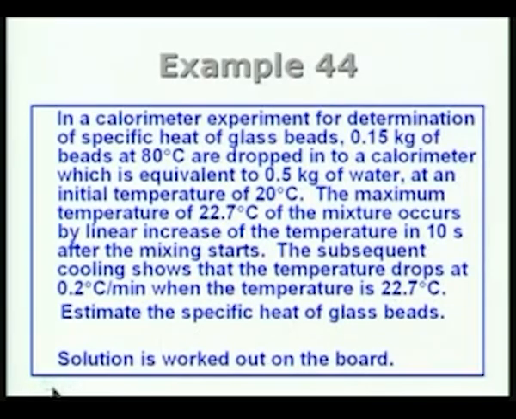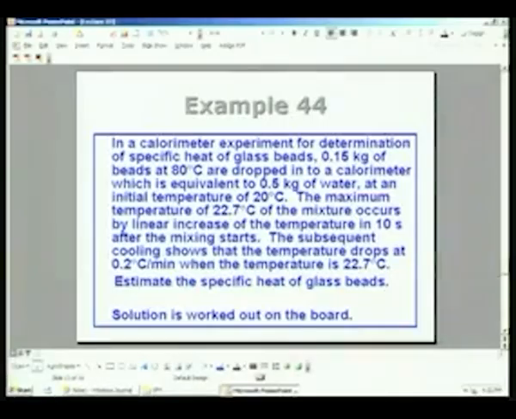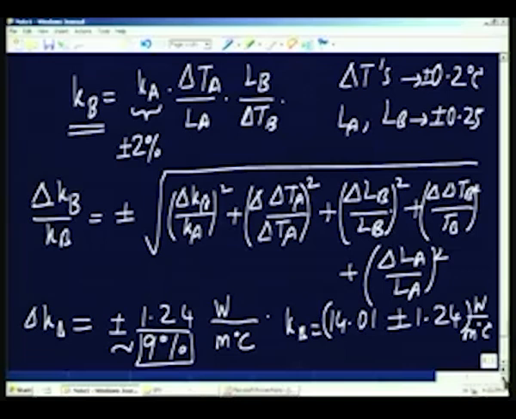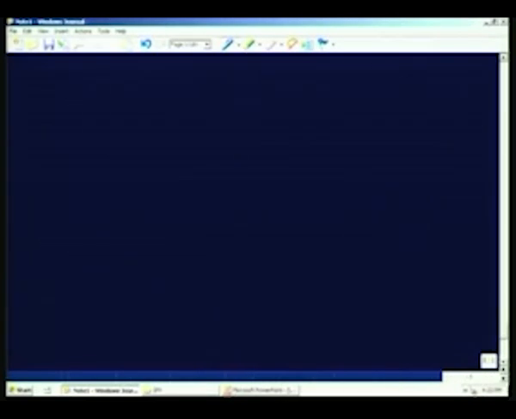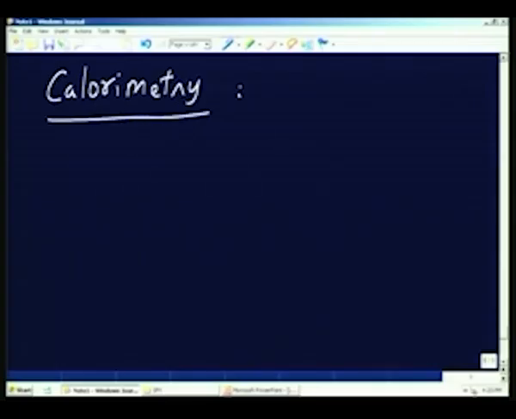Before we go to the example, let us just look at the theoretical background required for explaining the method. So, this is calorimetry. So, what are the things which happen? Let us look at the various features of this method.